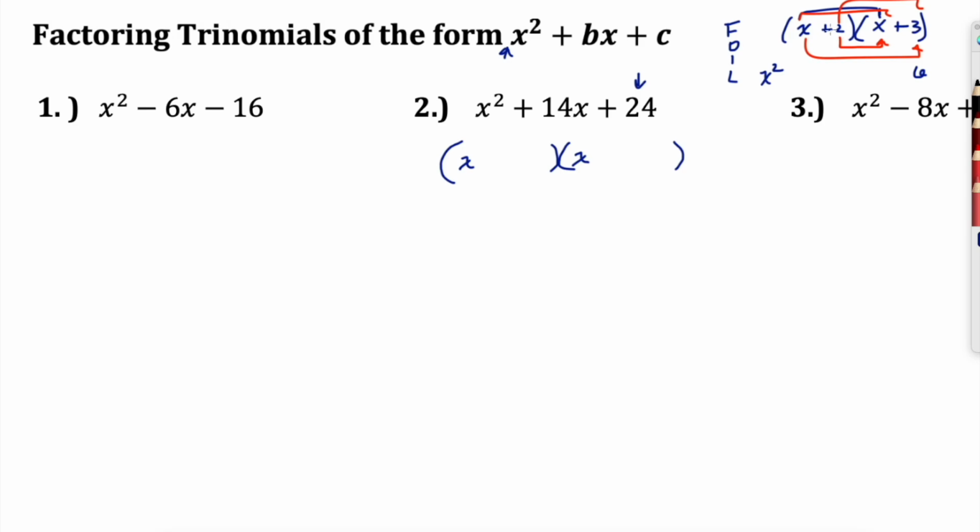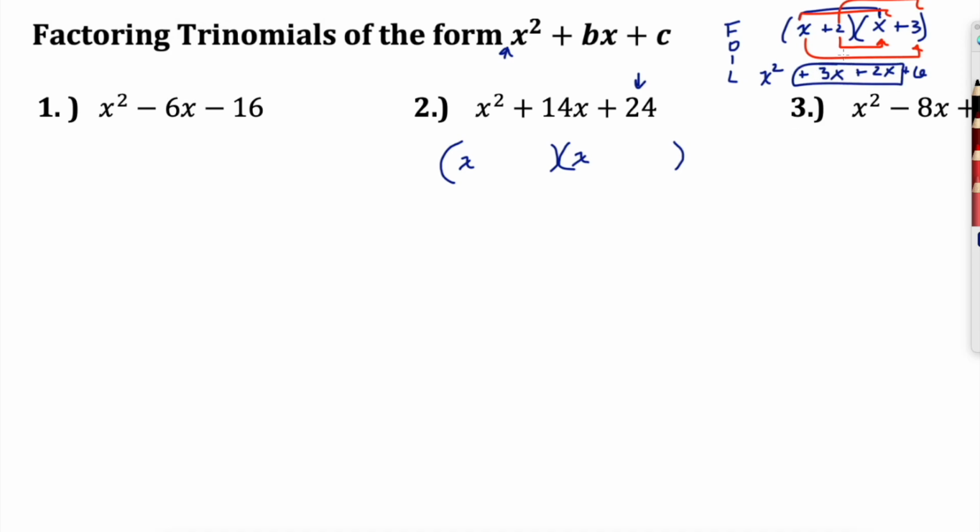But then if we look at our FOIL, the O and the I, in this case, the outer is x times 3, which is 3x, and my inner here would be 2x, and it gives me a like term combination of 5x.